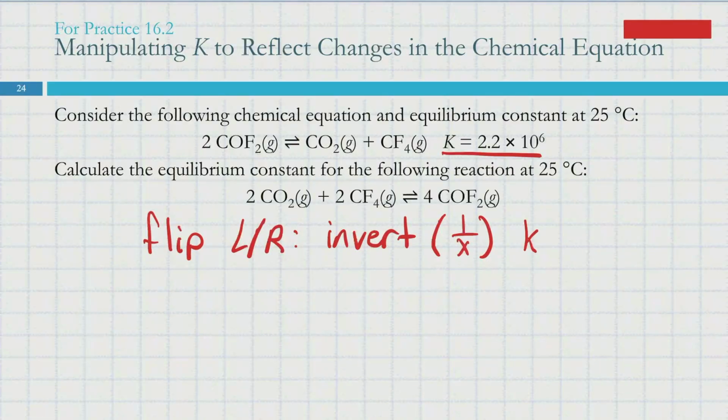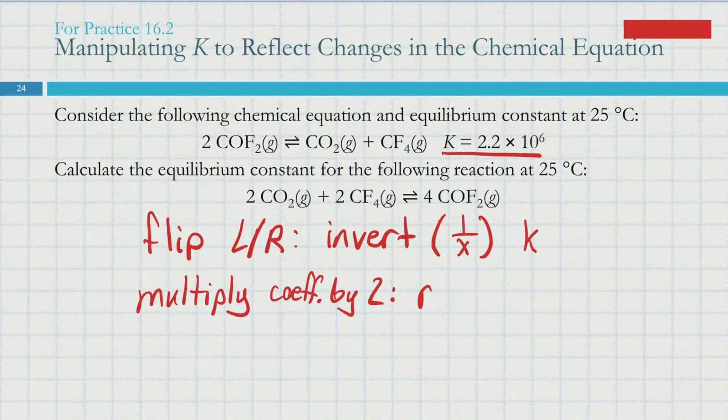K. The other thing that we've done is we've multiplied all of our coefficients by 2. And so we're going to raise K, our new intermediate K, to the, let's just say we're going to square K. How about that?